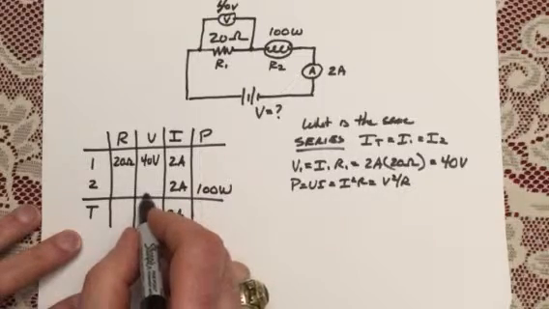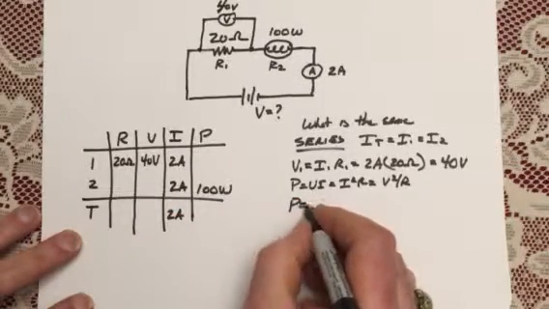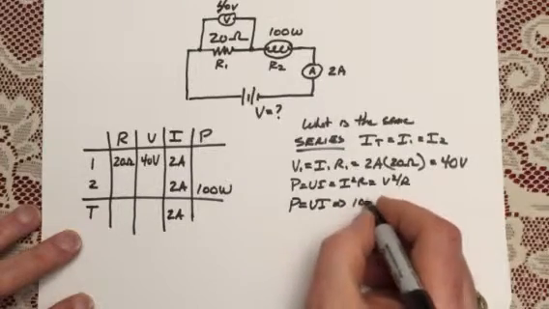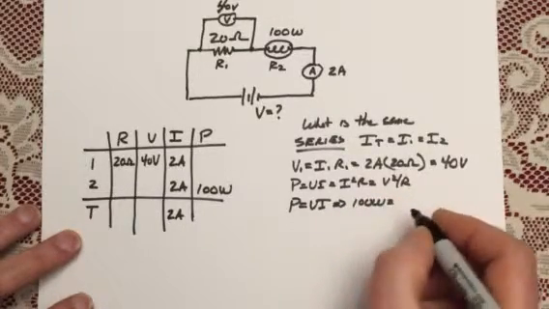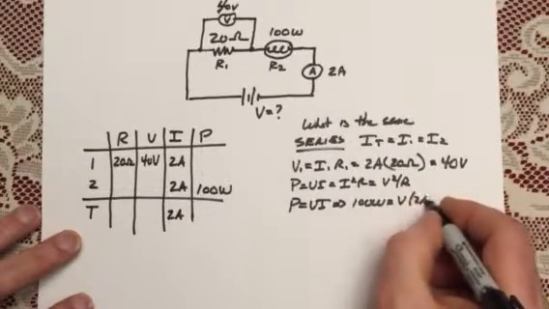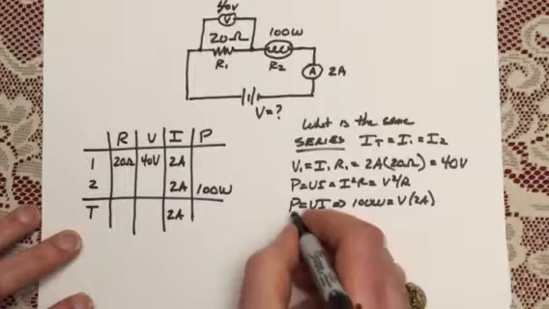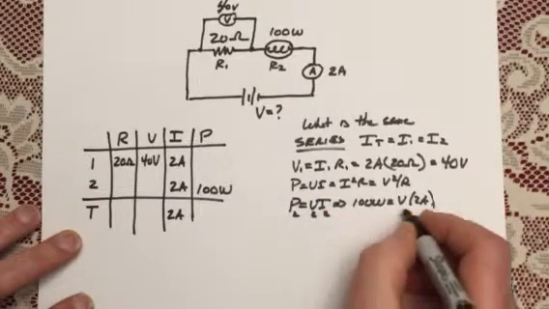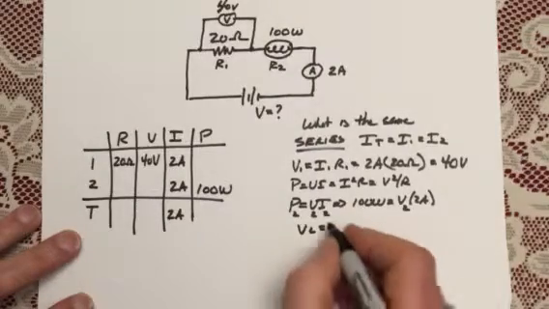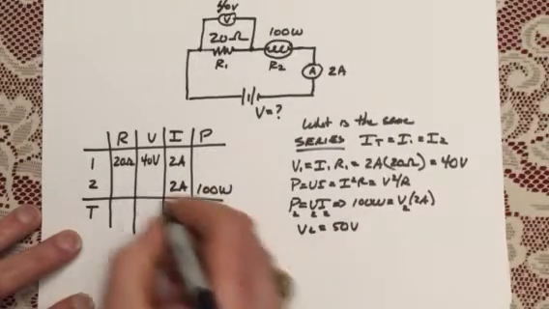I can solve for the voltage pretty easily. P equals VI. I've got 100 watts equals my voltage times my current. My current's 2 amps because it's the same everywhere. So this is going to be 2s. And V2 is going to turn out to be, a little quick division, 50 volts.